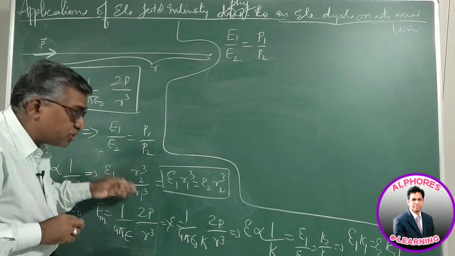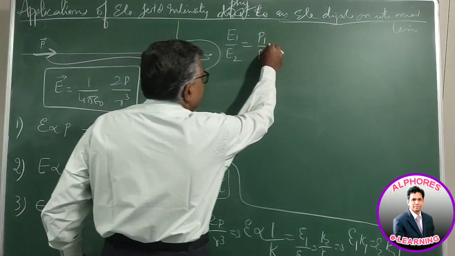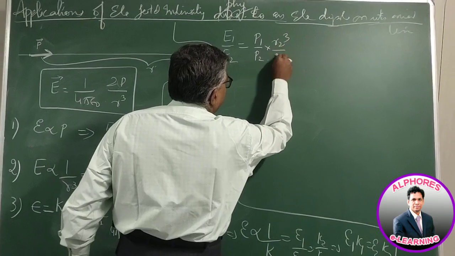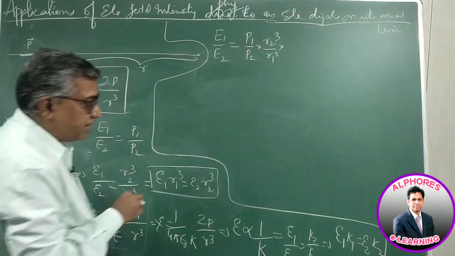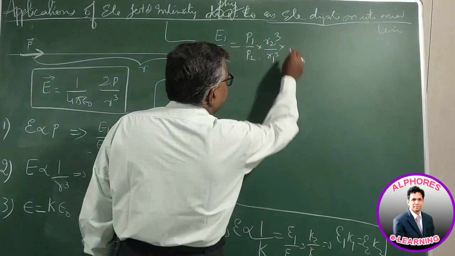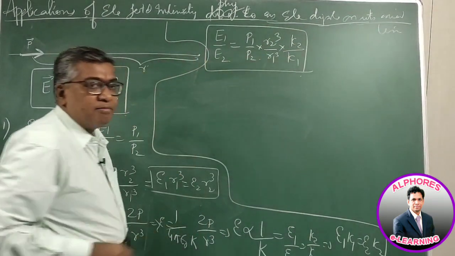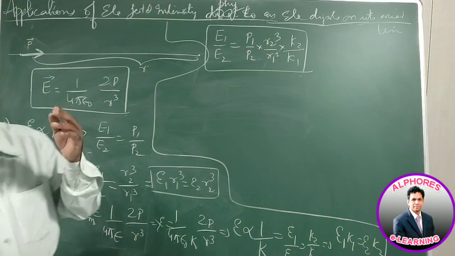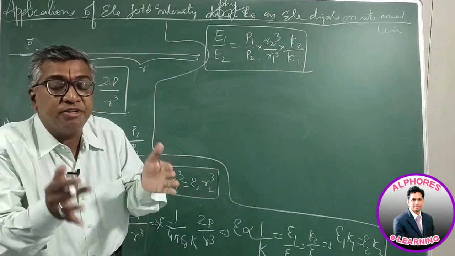Then with respect to distance, E1 by E2 is R2 cube by R1 cube, so it's into R2 cube by R1 cube. Now with respect to the medium, E1 by E2 is K2 by K1, so it is into K2 by K1. This is the comparison of the electric field for two different dipoles at two different points in two different media.